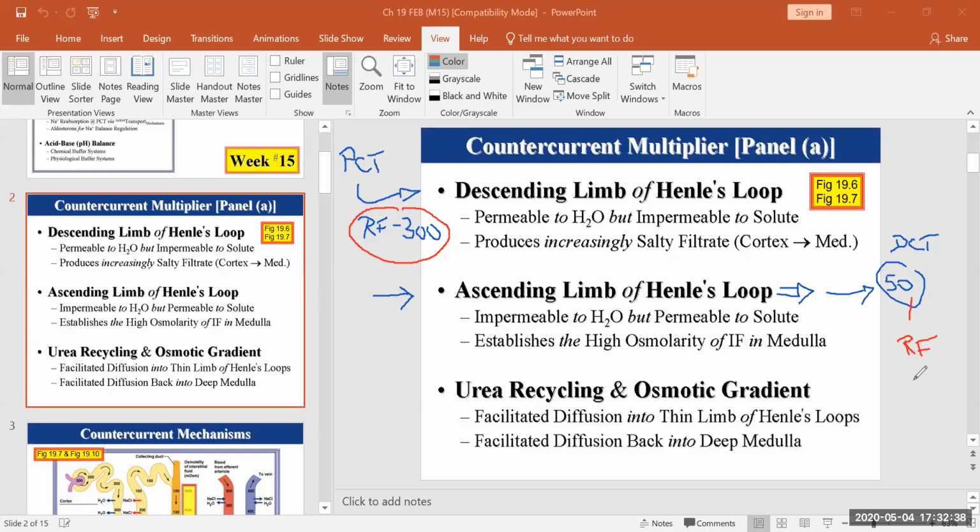So in this case, even though the osmotic gradient is present, it's not being used yet to concentrate urine. This is a tool that is readily there, and we'll go on later to see how the body utilizes this osmotic gradient that is present in our renal medulla to concentrate urine.